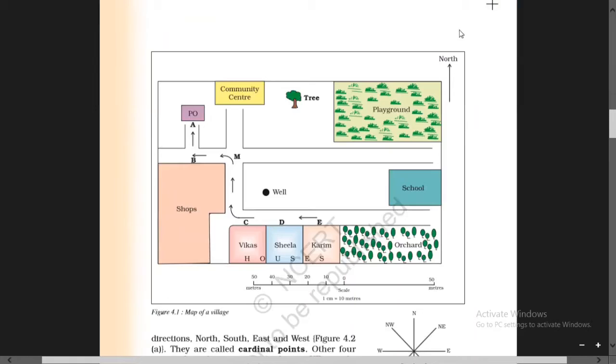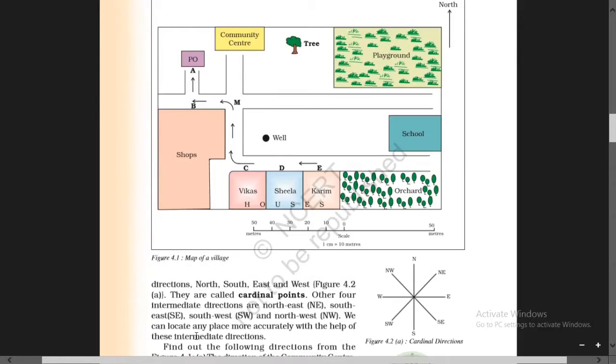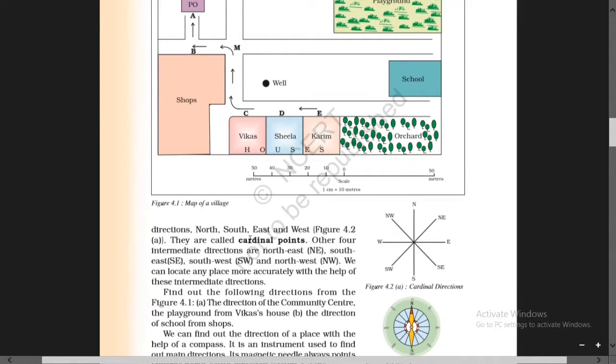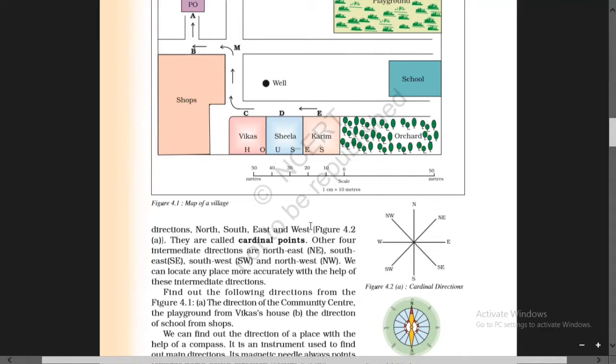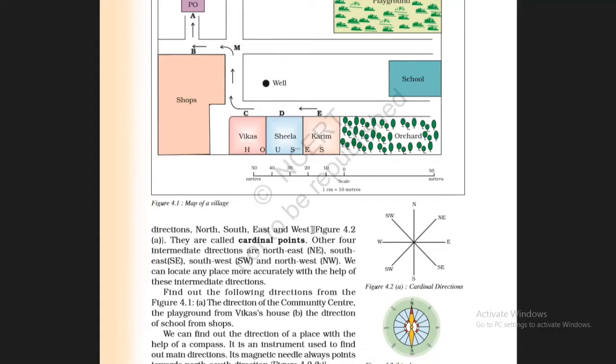There are four major directions, boys: north, south, east, and west. Every morning we can see the sunrise. That direction is called east, and the opposite of east is west.